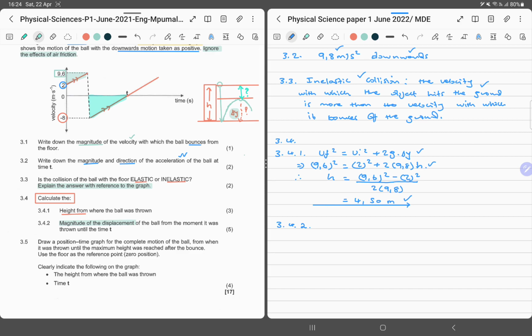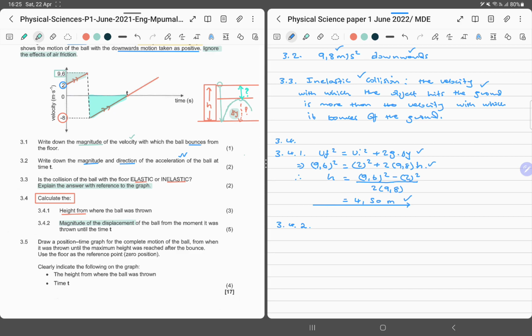By the way, displacement is a vector, so we always take the final position and subtract the initial position. It's always like that. But I'm trying to think what would be the best way. Remember, this displacement is upward against a downward positioned displacement.